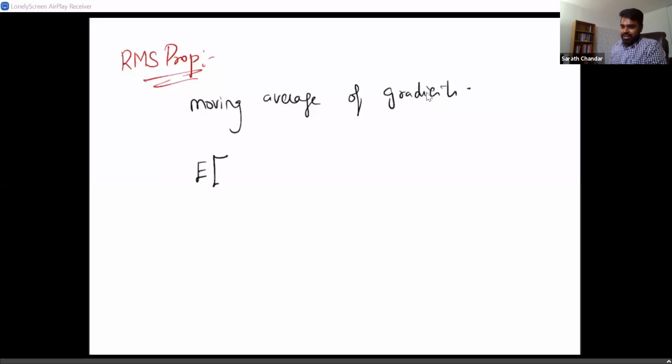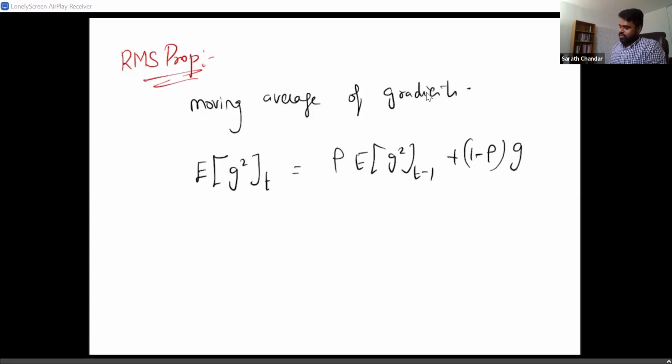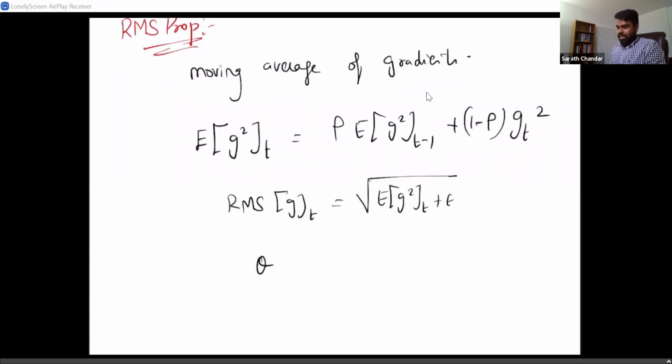I'm going to maintain E of G square, which is basically rho times E of G square at t minus 1 plus 1 minus rho times gt square. Now the root mean square of G is given as square root of E of G square at t plus epsilon, and my theta t plus 1 is equal to theta t minus eta times gt divided by RMS of G. I don't need a square, I already did the square root.